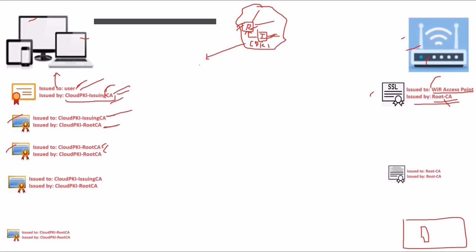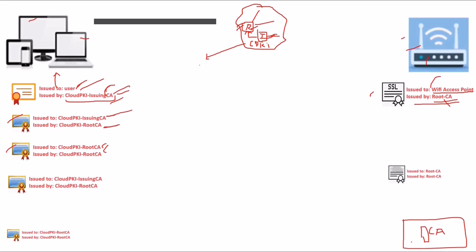The on-prem also contains a CA right now, but this CA and this CA don't talk with each other. Because if they were talking with each other, that would be a scenario of BYOCA, right? Wherein you have the issuing in the cloud and the root anchored in the on-prem. Right now, we are not talking about that concept. Right now, we are talking about a concept wherein both the root and issuing are present in the cloud. But that does not mean you cannot have a separate root in your on-prem.